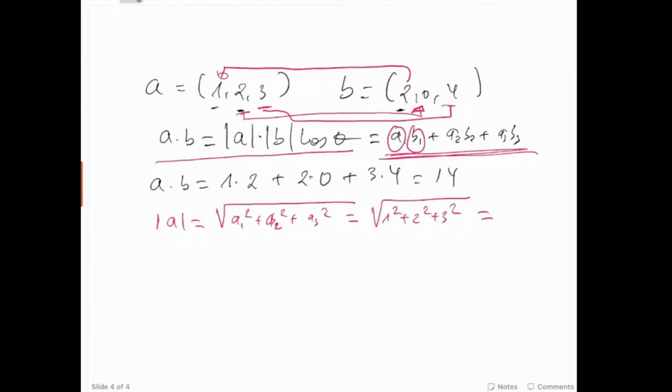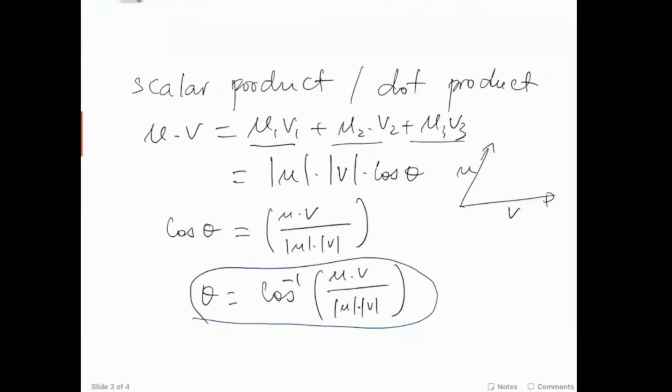This is equal to 1 plus 4 plus 9, which is the square root of 14. We should also know the modulus of B, which is given as 2 squared plus 0 squared plus 4 squared, which is 4 plus 16, which is the square root of 20.